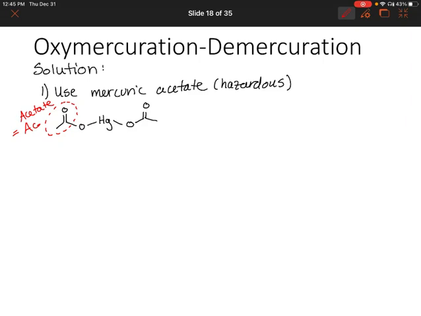So mercuric acetate can actually dissociate on its own to form two ions. So the electrons that are shared between mercury and one of those oxygens will break apart. Oh, and I forgot, there's a lone pair on mercury. So then what we end up with is something called a mercuric cation.